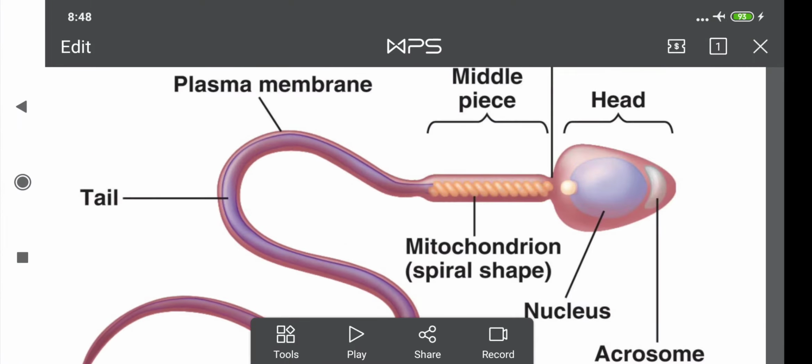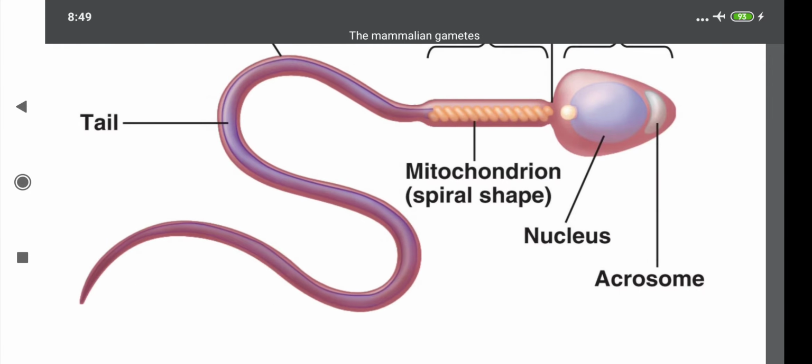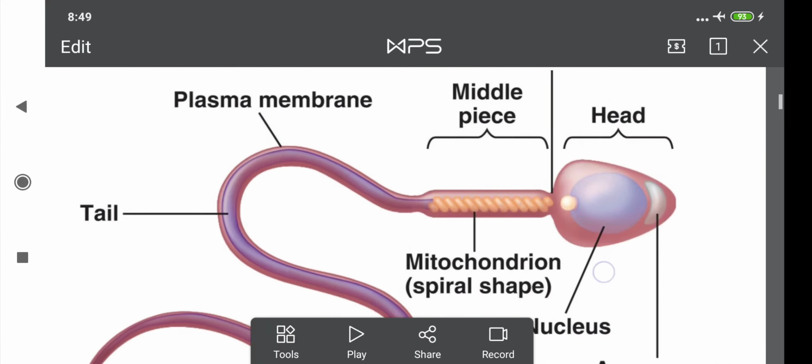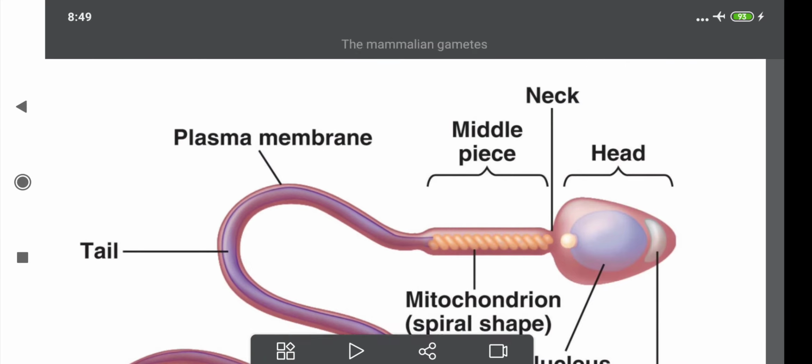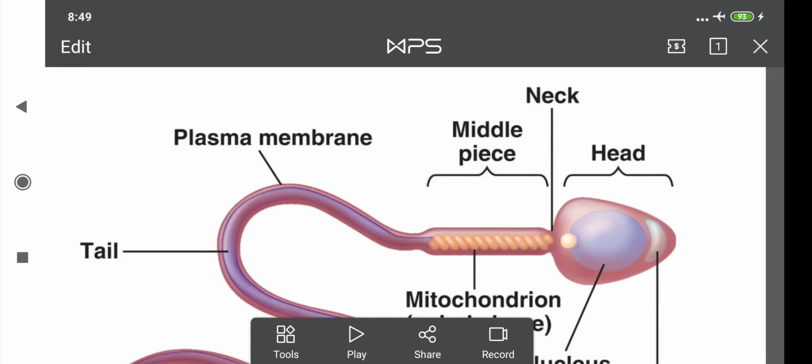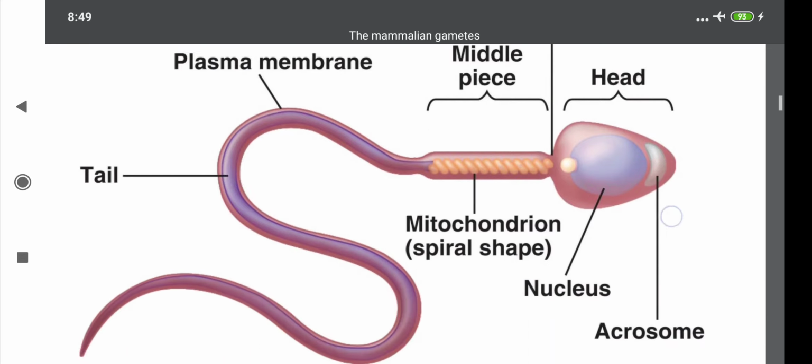So the acrosome has two functions. When the sperm swims towards the egg, the acrosome enhances penetration into the egg cell, and its lytic enzyme dissolves the egg membrane. The egg cellular membrane is dissolved first before penetration can take place.